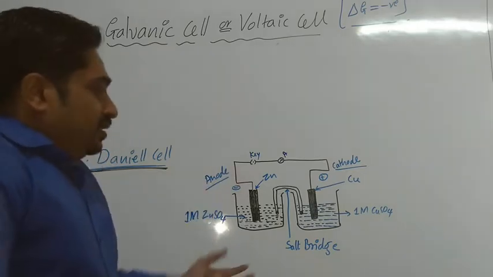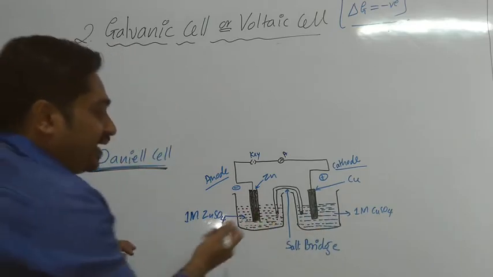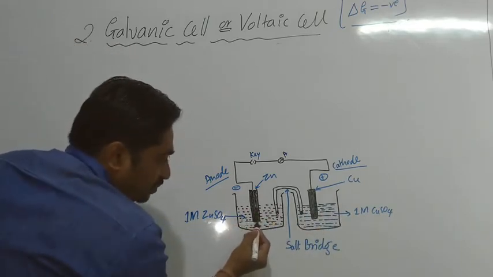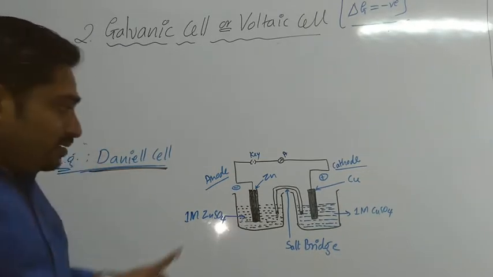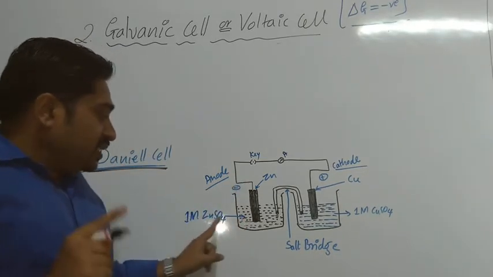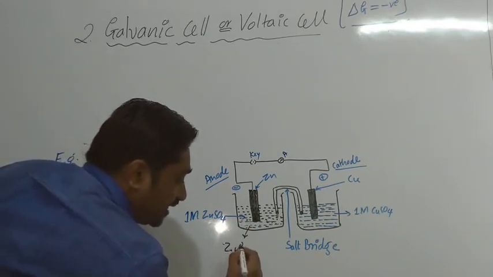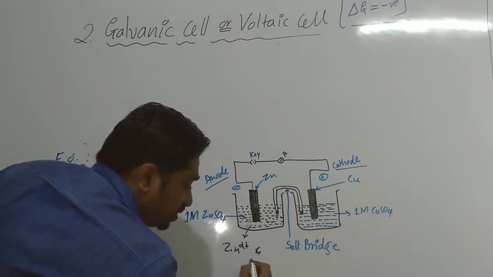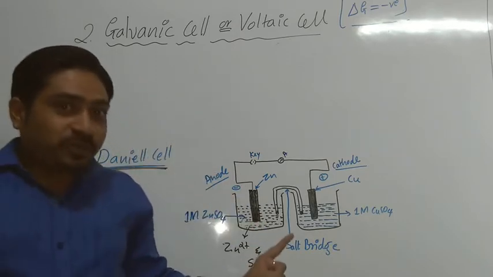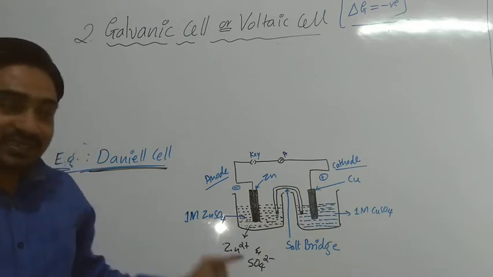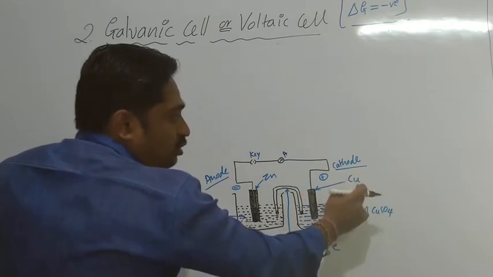In this setup I have taken two beakers, and in one beaker I have kept a zinc electrode. A zinc metal strip is dipped in zinc sulfate solution. This solution contains Zn2+ and SO4 2- ions.